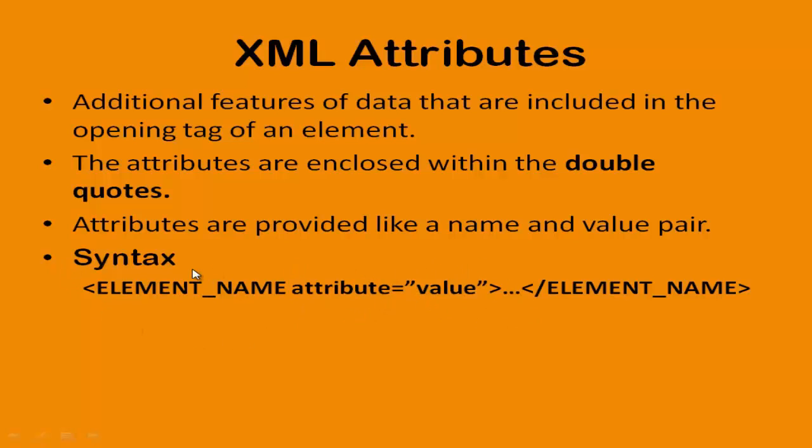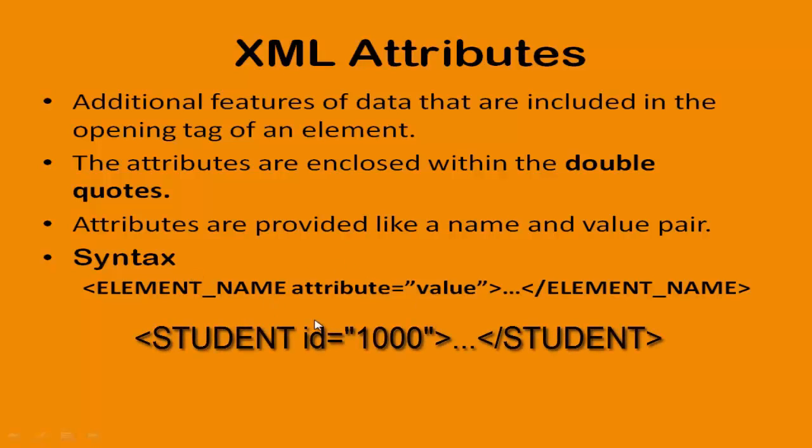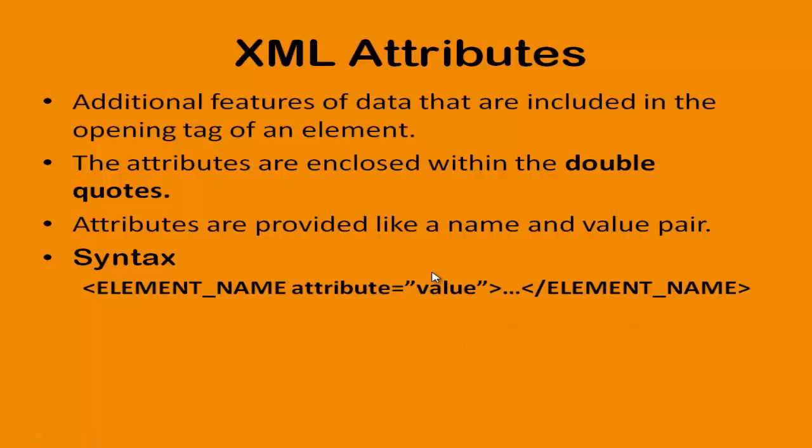Consider I'm creating an element with the name student, and the attribute is ID, and the value will be 1000. So this is how I can create elements, attributes, and values. I'll show a sample example so you can understand it very clearly.